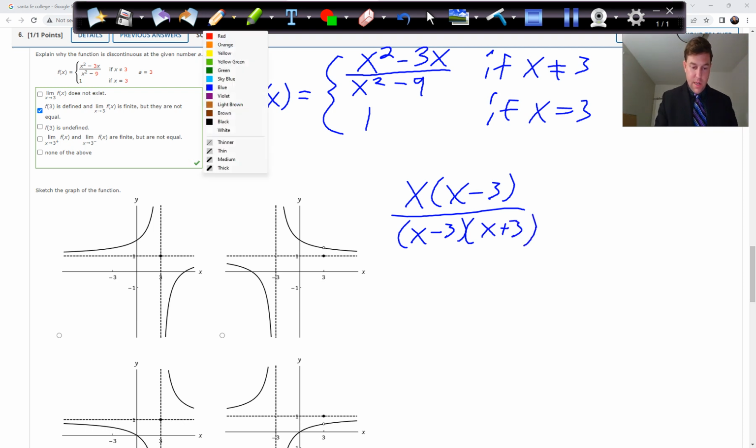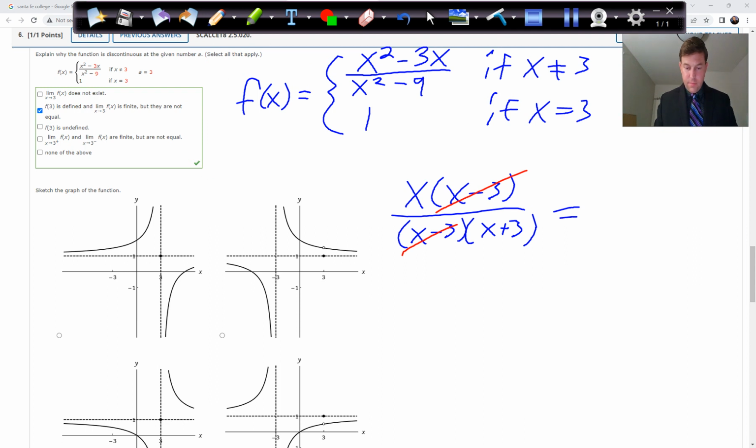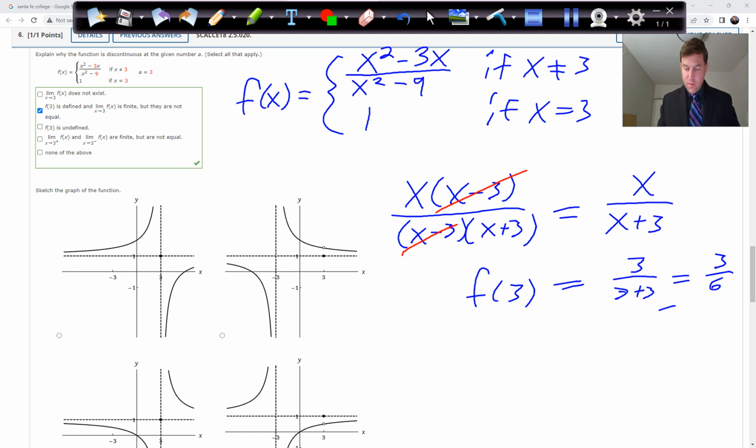And then you can say, oh, x minus 3 and x minus 3 cancel, and we're going to get x over x plus 3. Which, if you plug in 3, you'll get 3 over 3 plus 3, which is 3 over 6, which is 1/2.